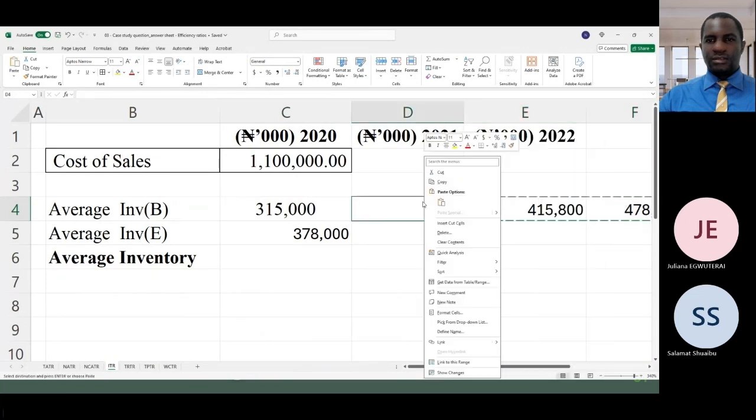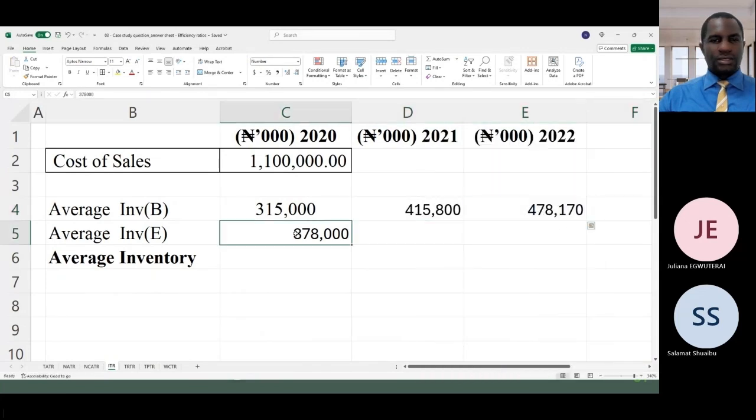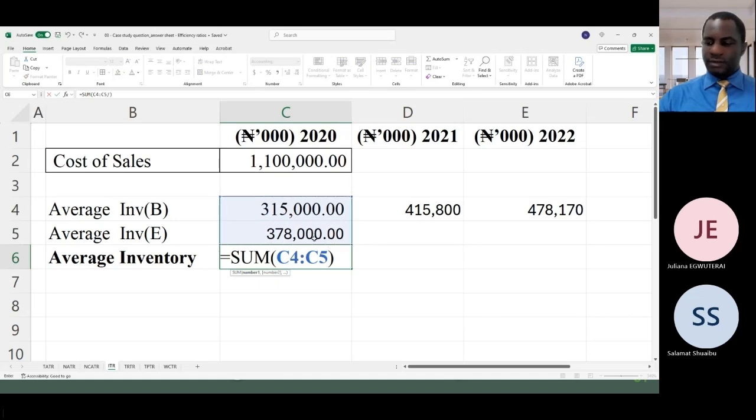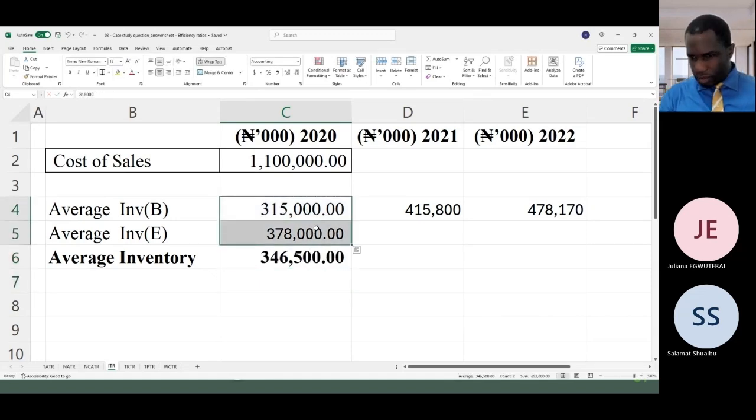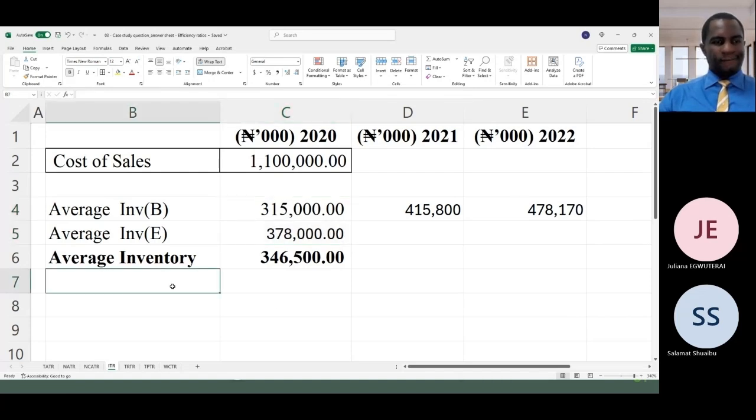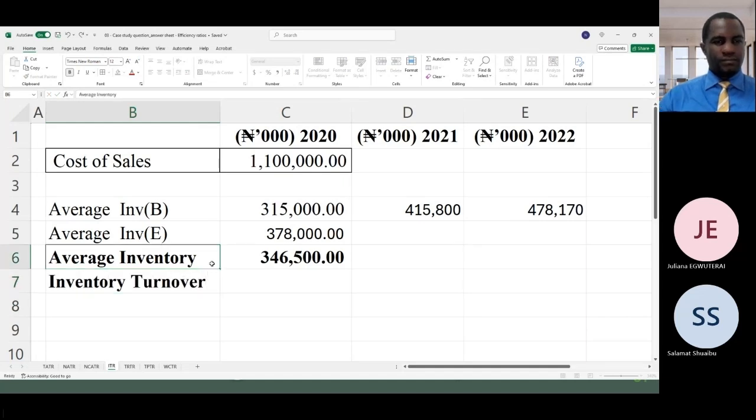I'll take this as beginning and the ending. Okay, so let me get my average. This divided by 2. So 693 divided by 2.